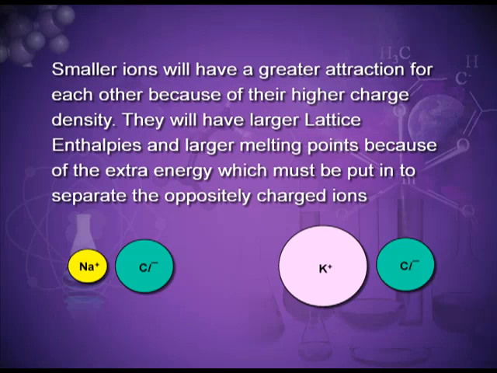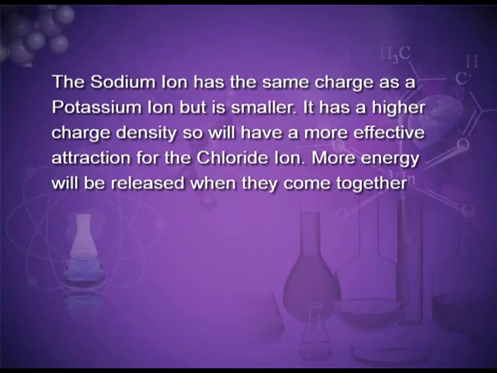The size of the chloride ion is same for both. Since the size of the sodium ion is smaller, it has higher charge density as compared to the potassium ion. Therefore, the bond between the sodium ion and the chloride ion is stronger as compared to the bond between the potassium ion and the chloride ion.